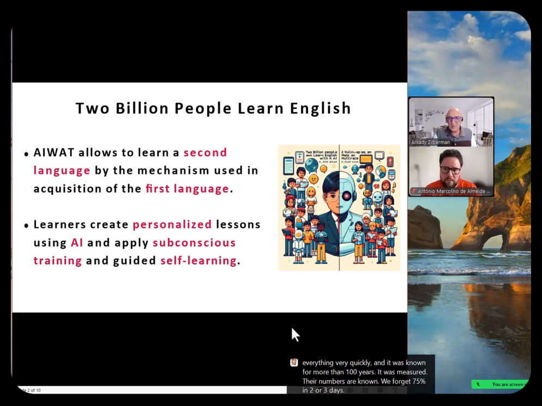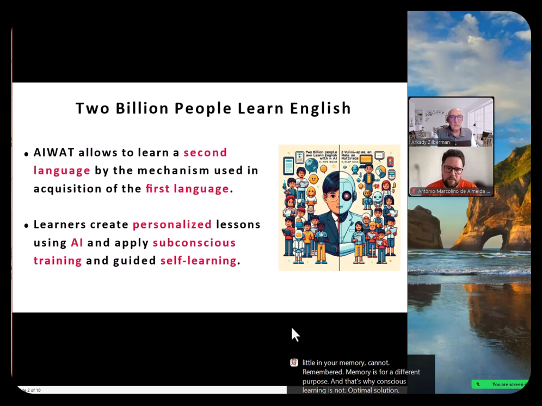Tomorrow, if you try to remember and retell the story which I gave you today, you will have very little in your memory. Memory cannot remember it. Memory is for a different purpose. And that's why conscious learning is not an optimal solution.